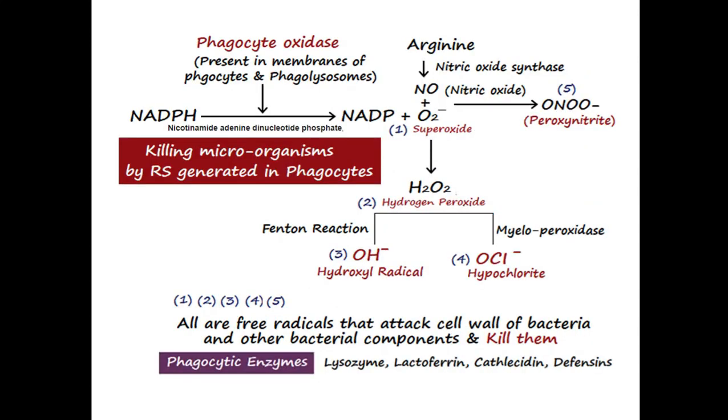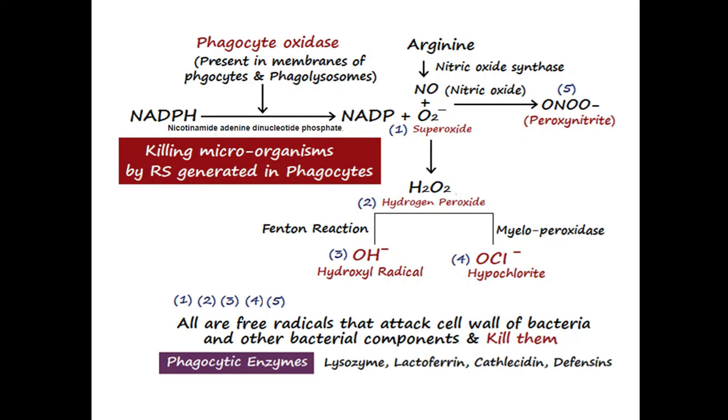Now here we are talking about phagocytosis, and in phagocytosis these free radicals are used by the leukocytes to kill the microorganisms. In the surface of the leukocytes there is the NADPH, nicotinamide adenine dinucleotide phosphate, which is oxidized by the enzyme known as the phagocyte oxidase into NADP, and during this reaction the superoxide, which is a free radical, is produced.